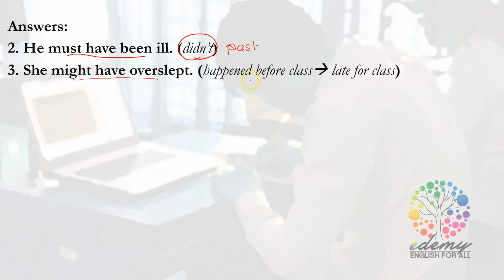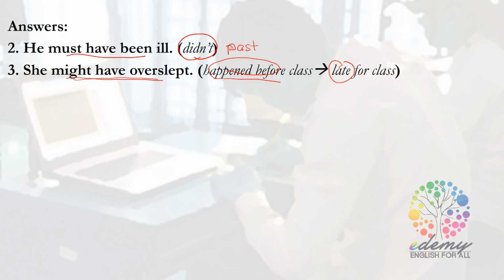What I want you to focus on is that the present now, she's late for class. But what we want to know is what happened before class that made her late for class right now. So which means that what happened before should be in the past tense, right? So that's why we use must have overslept. We focus on what happened before class that led her to be late for class right now.